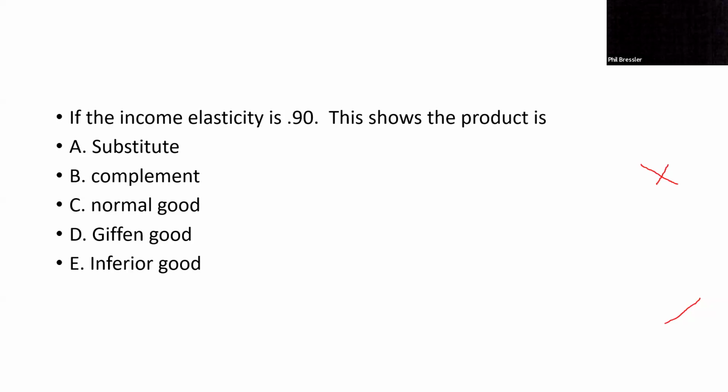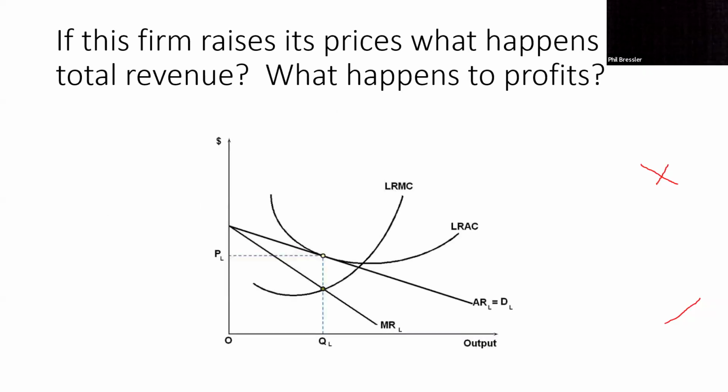Okay. What type of good do we have here? Anyone for the answer here? All right. We got normal good. Negative is inferior, positive is normal. Good job.